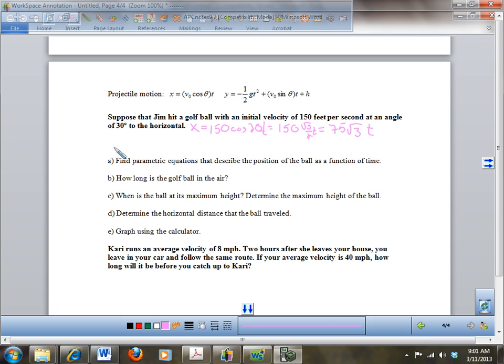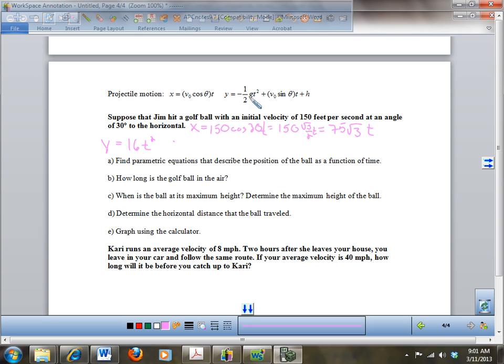All right? And then the vertical component is going to look like y equals, whoops, sorry, I forgot the first part. Okay, negative 1/2 of 32 feet per second squared, which gives you 16 t squared. Would it be negative 15? No, because the gravity is positive, right?